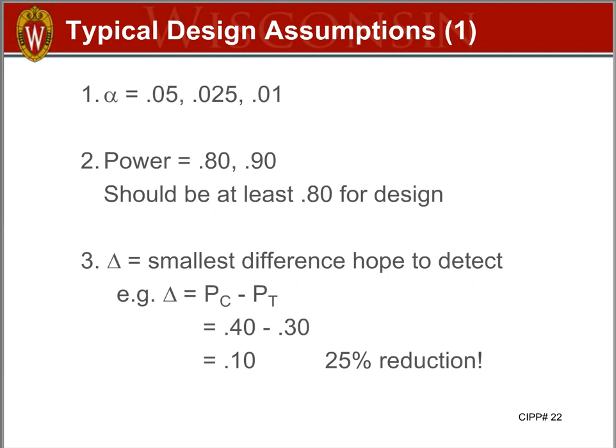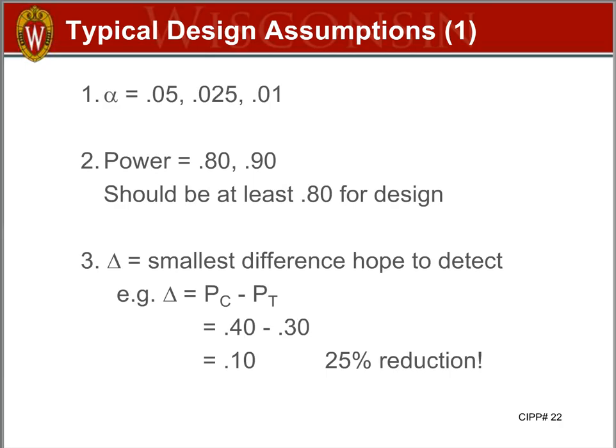How do we use these concepts for sample size? We typically want to set our failure rates, type 1 error, or a false positive claim, to be small. Convention, no theory, but convention says we want to be less than 5%, sometimes 2.5%, or even 1%. We don't want to claim therapies are beneficial when they're not. We also would like to have a pretty good chance of finding what we're looking for.